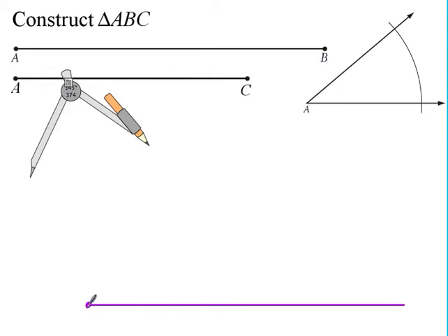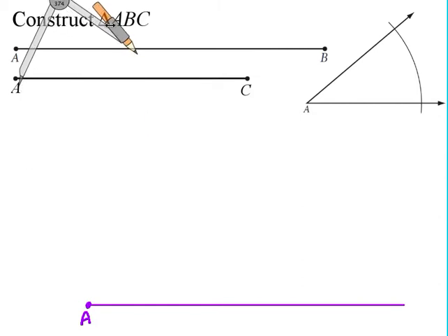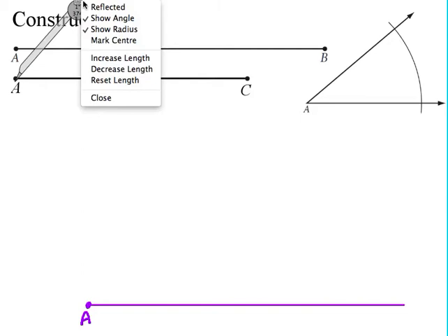So first thing I'm going to do is start with AB. So here's A. And I'm going to use my compass to measure AB. I'm going to have to make that increase length.